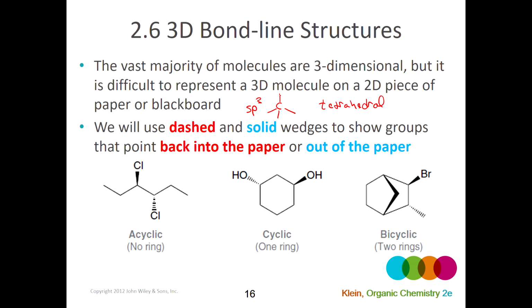And so one thing we'll do to try to represent the 3-dimensionality of these structures on a 2-dimensional piece of paper is this: any line that's just a normal line, if I just draw a regular line, implies that that is in the plane of the paper. So if this is bonded to a hydrogen, that's in the plane of the screen.